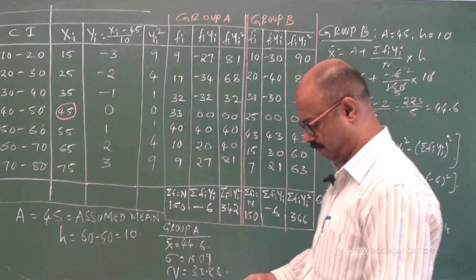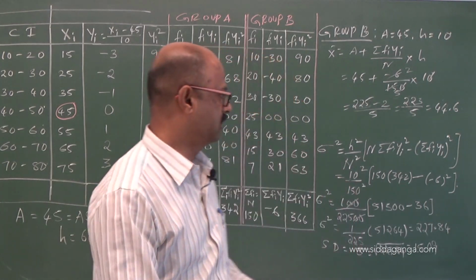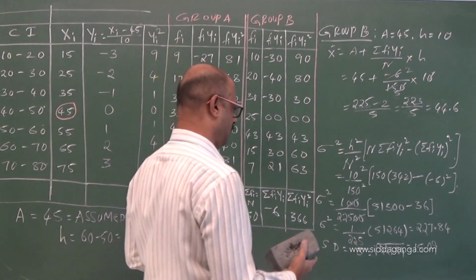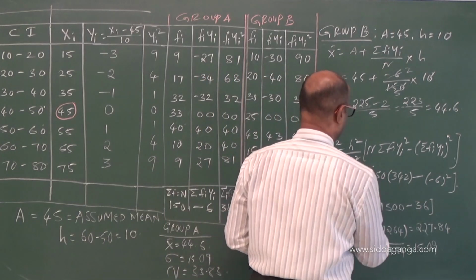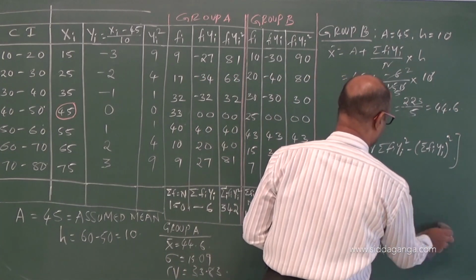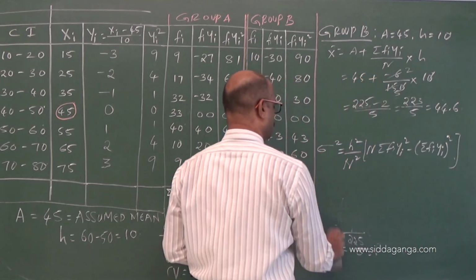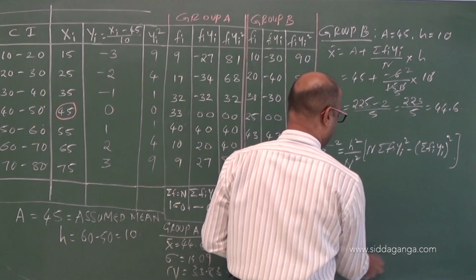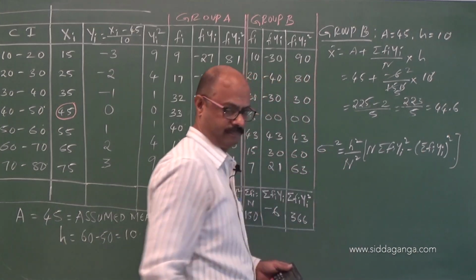Sigma square is given by h square divided by n square, and next is n into sigma fi yi square minus sigma fi yi whole square.